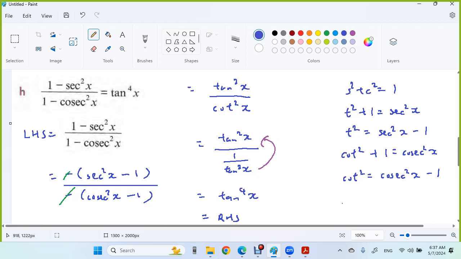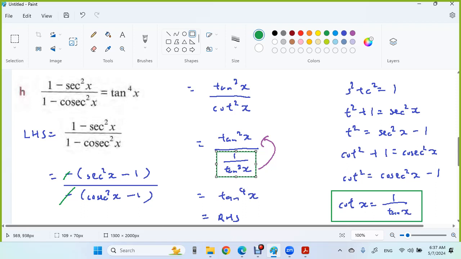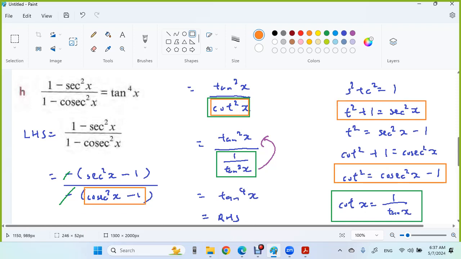Okay, so we know that the cotangent x is 1 over tangent x. Okay, so cotangent x is 1 over tangent, and the tangent square is the secant square minus 1.